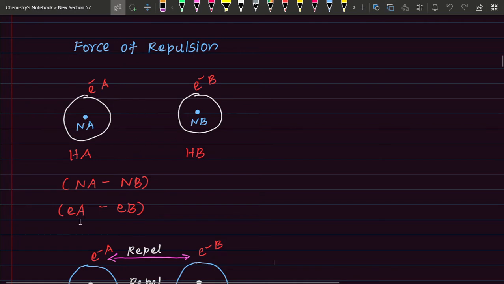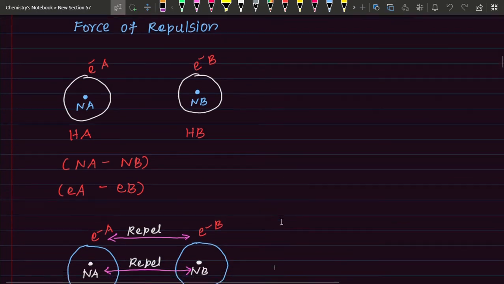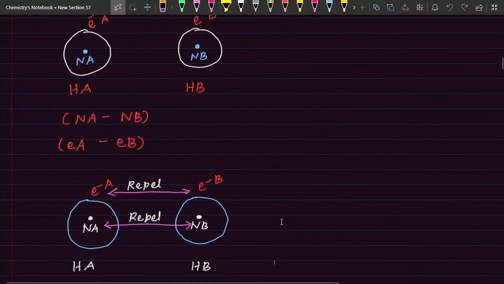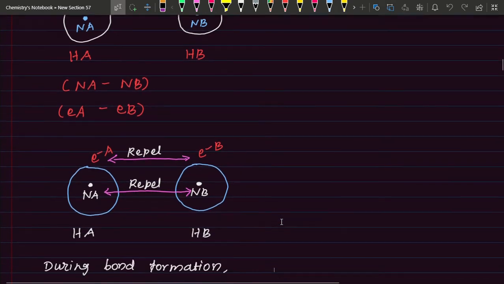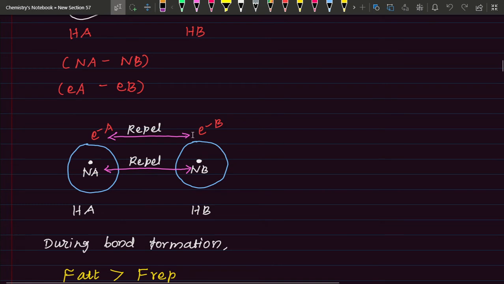Next, Ea and Eb are repulsive because both are electrons. These electrons repel each other, and these nuclei repel each other.